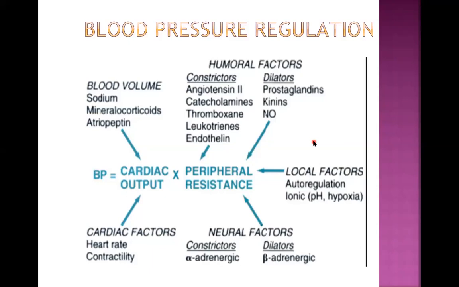If one thing is more than the other, then it will be pathological. If constrictors are more than dilators, there will definitely be a rise in blood pressure. If blood volume is high, if the heart is working more, there is an increase in blood pressure. So everything should be in balance for normal blood pressure in the body.